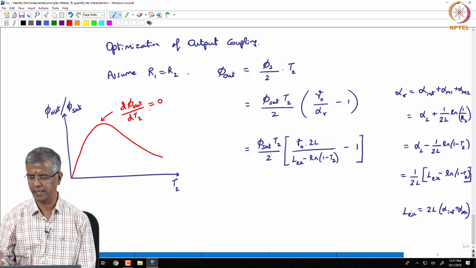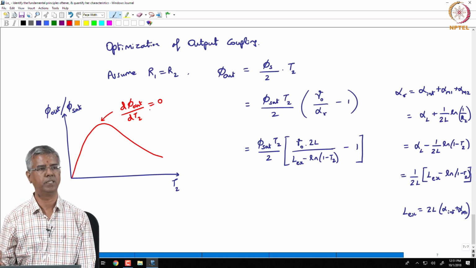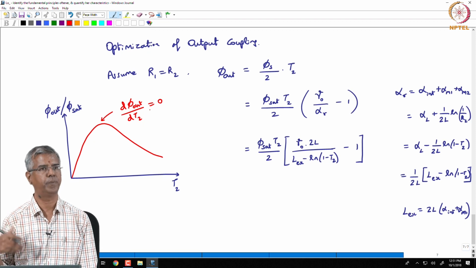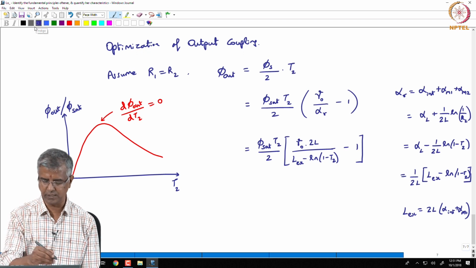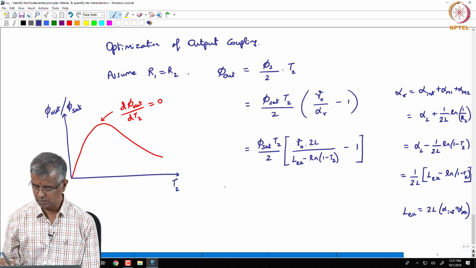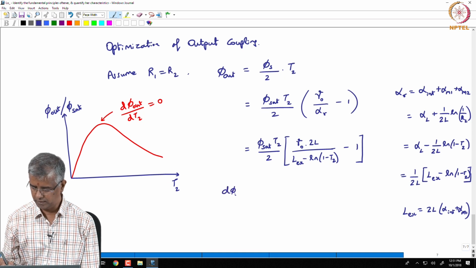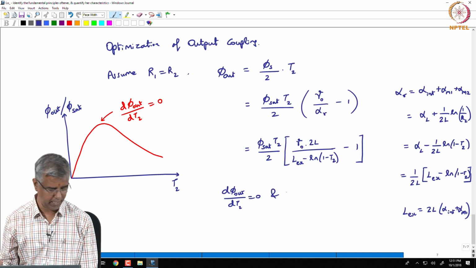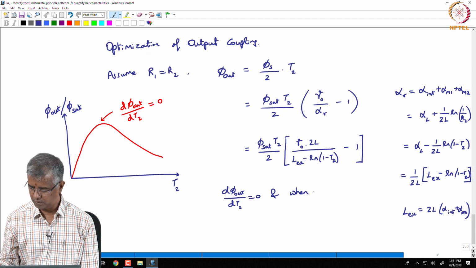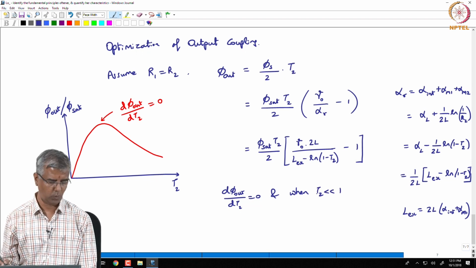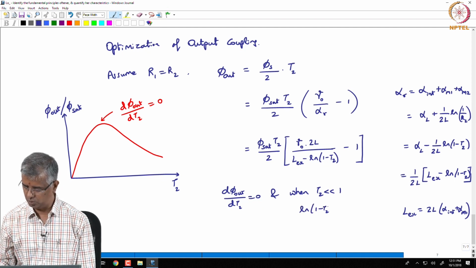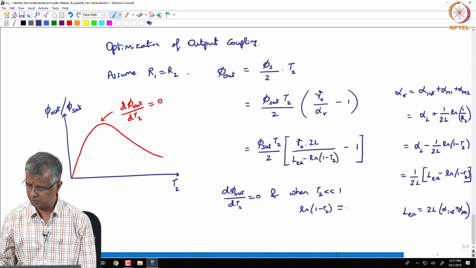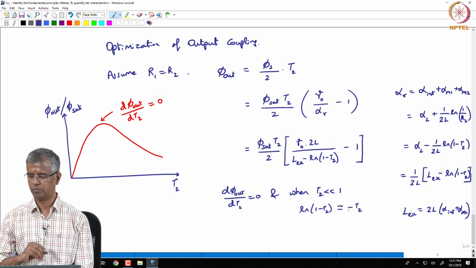I can take a derivative of this entire expression corresponding to phi out with respect to T2, and also under specific conditions. So, if I am looking at d phi out over dT2 equal to 0, and when T2 is far less than 1, such that ln of 1 minus T2 is approximately equal to minus T2, right.